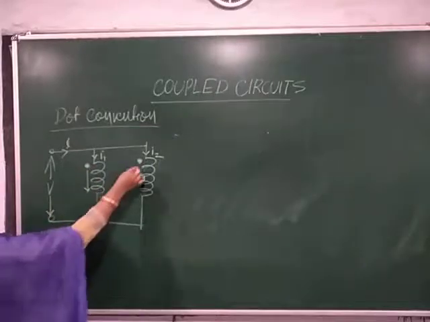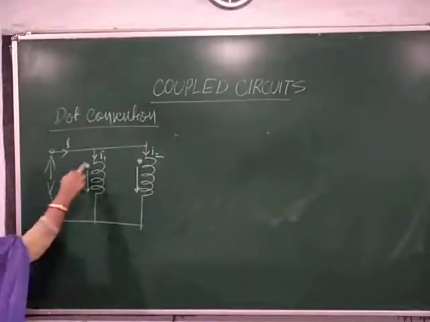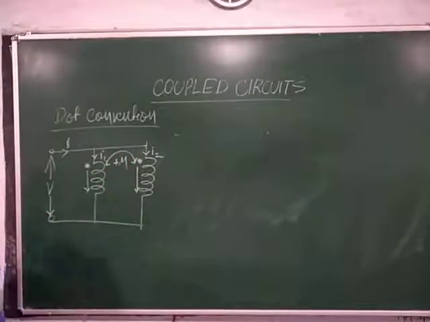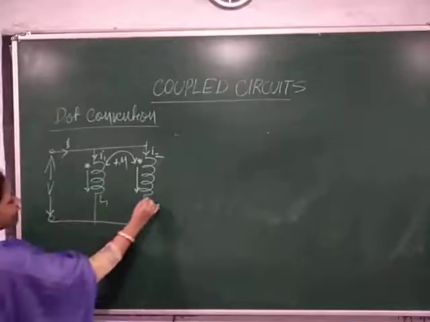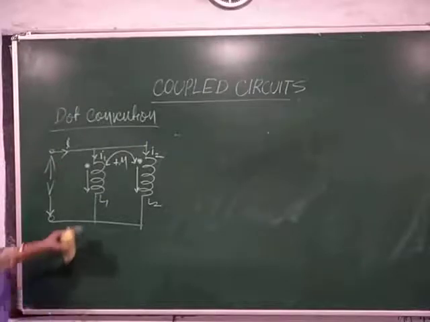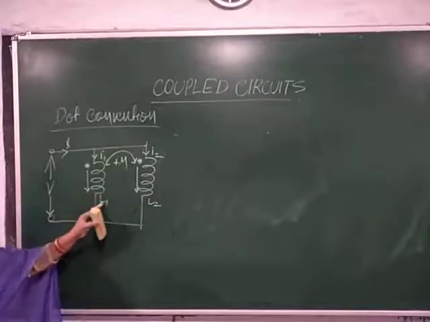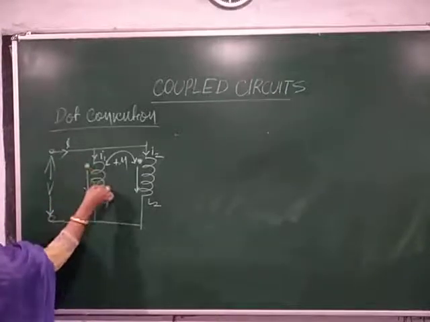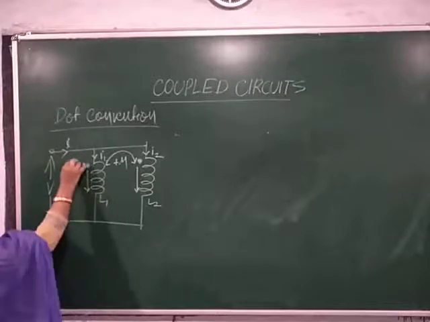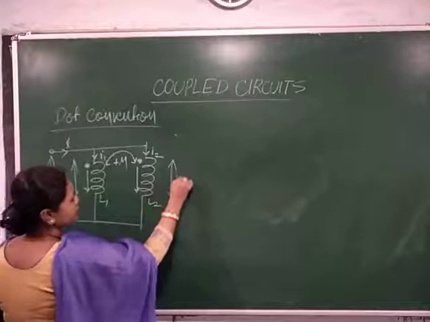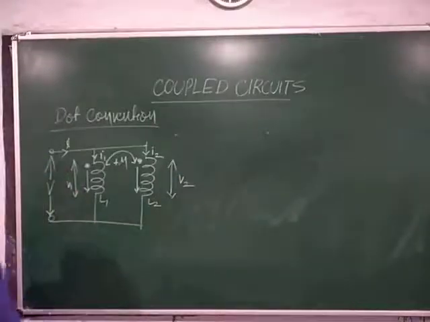Both I1 and I2 leave the dot, hence the mutual inductance is plus M. Let L1 and L2 be the self-inductances of the coils, and the voltage induced in coil 1 be V1 and here V2. Now how do you find these voltages?